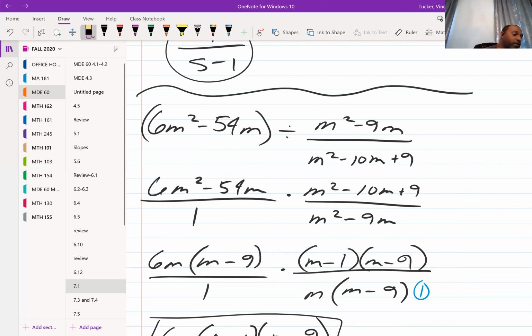In the first one, we factor out 6m, which leaves m minus 9. Second numerator, that trinomial will give us m minus 1, m minus 9. The second denominator, factor out m, which leaves m minus 9. Once factored completely, cancel out what's in common.